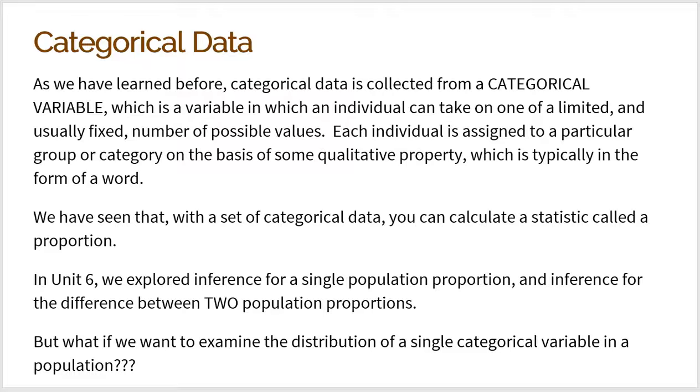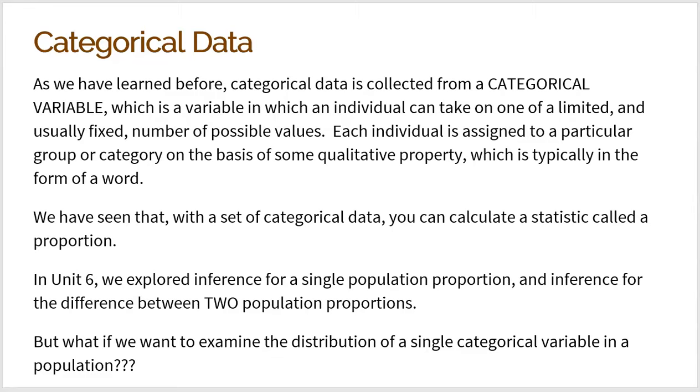But what if we want to examine the distribution of a single categorical variable in a population? So what exactly do I mean by this? Well, back in Unit 6, we might have said, somebody told me that 20% of people have blue eyes, and I want to find evidence that it's actually less than 20%. I was only looking at one population proportion, the proportion of people that have blue eyes.